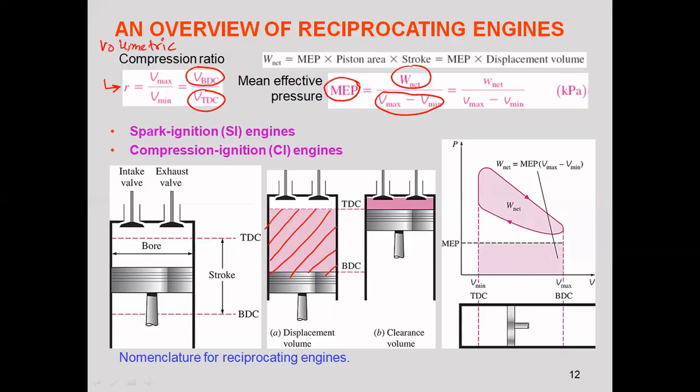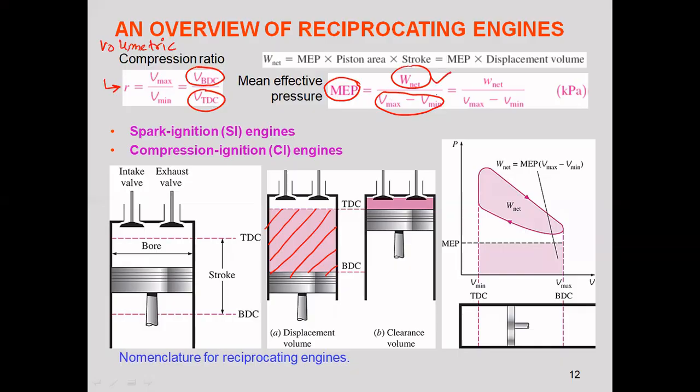Actually the pressure is varying during the cycle, but here we consider as if you have an average value of pressure which is effectively producing the same work output, that is why it is called mean effective pressure. Mean means average, and effective pressure means it is producing the same effective work output.